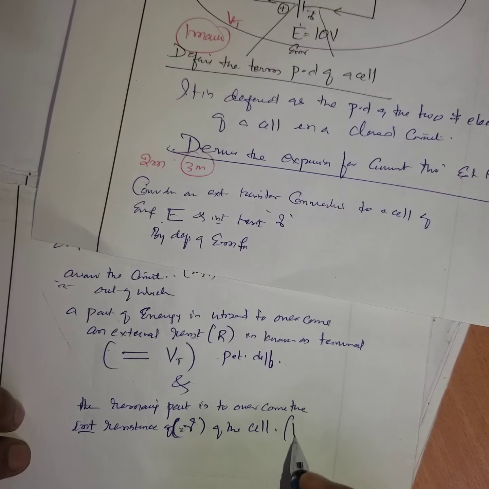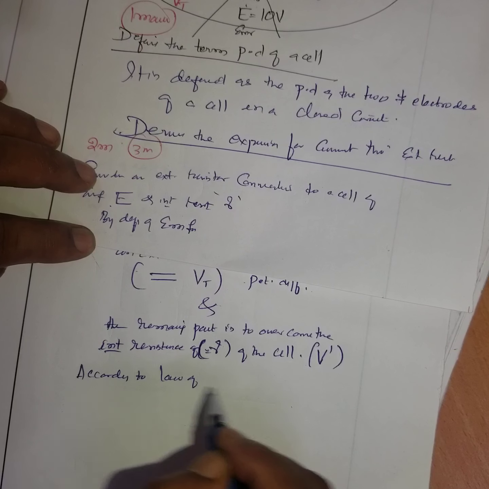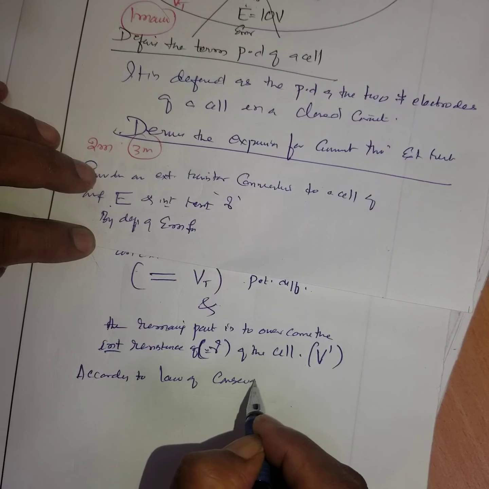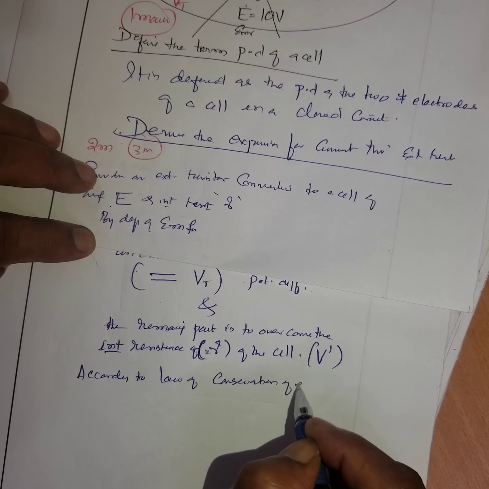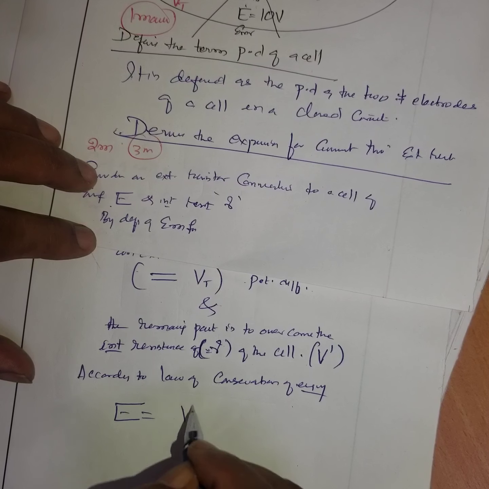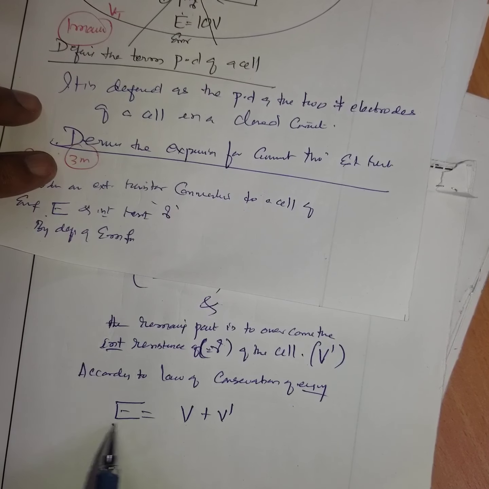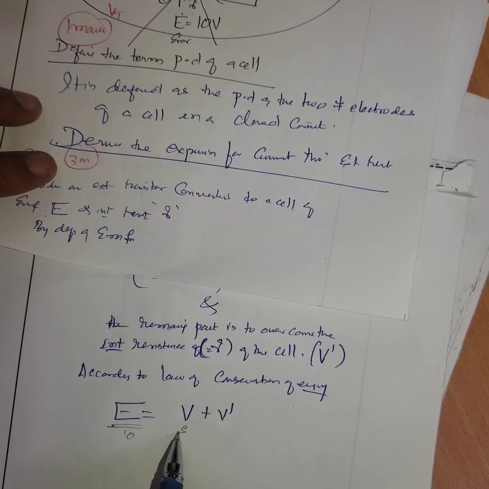Next, according to law of conservation of energy, E is equal to V plus V dash. Right? 10 joule is equal to 8 joules plus 2 joules. Law of conservation of energy.